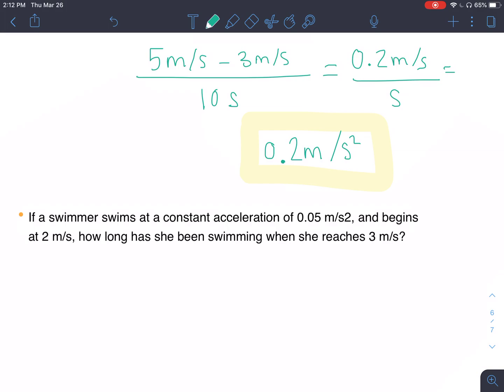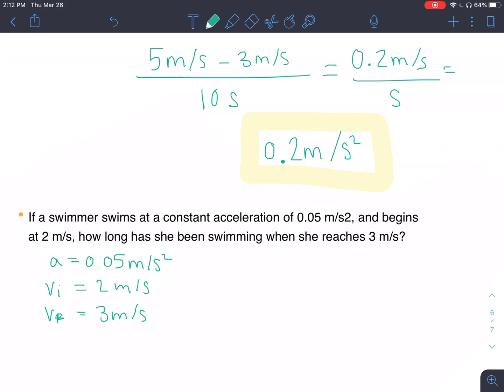All right, so a little bit different of a problem. We have been given our acceleration, 0.05 meters per second squared. We have been given an initial velocity, 2 meters per second, and the final velocity of 3 meters per second.